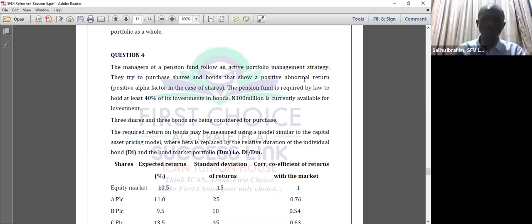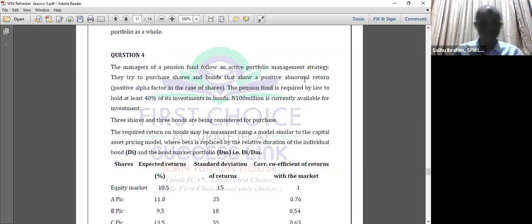The managers of a pension fund follow an active portfolio management strategy. They try to pursue shares and bonds that show a positive abnormal return, positive alpha factor in the case of shares. The pension fund is required by law to hold at least 40% of its investments in bonds. 100 million is currently available for investment. 3 shares and 3 bonds are being considered for purchase.